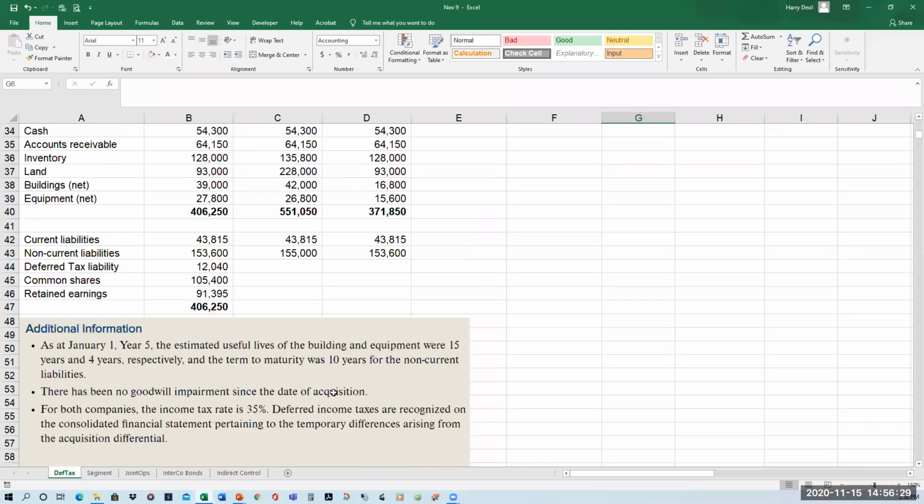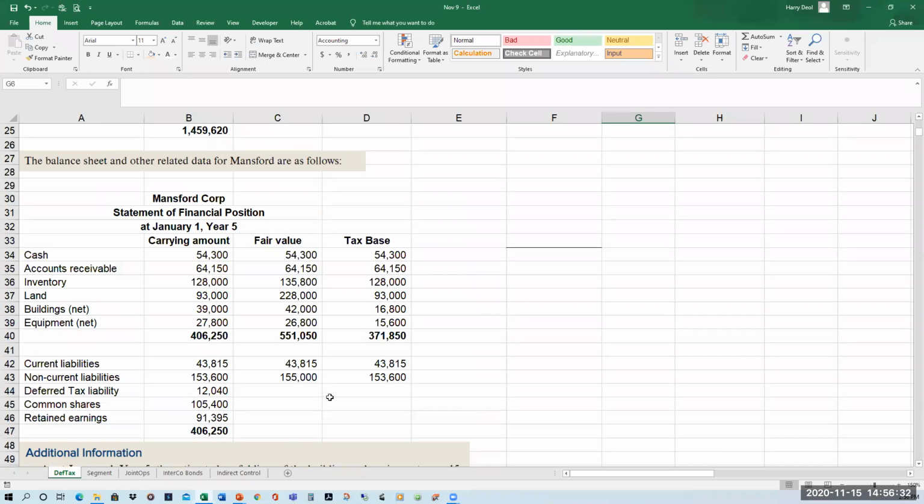Okay, so just scrolling back and taking a look at Mansford Corp, you notice the carrying amounts are for the most part equal to the fair values, but there are some exceptions. So you have inventory that has a carrying amount that is less than the fair value. Land has a carrying amount less than the fair value. Buildings have a carrying amount less than the fair value.